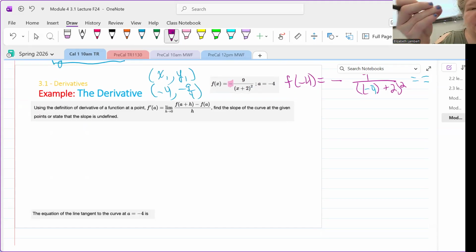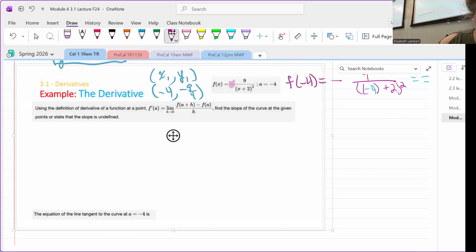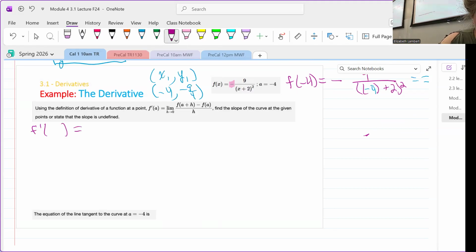All right, now we're going to use our definition of the derivative. So our a value here is -4.